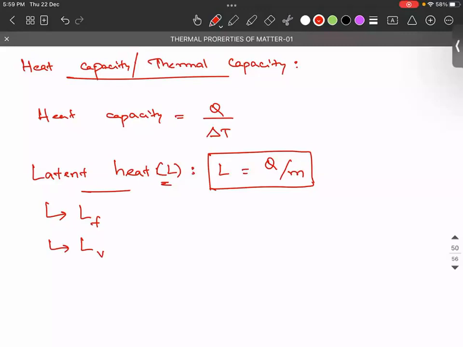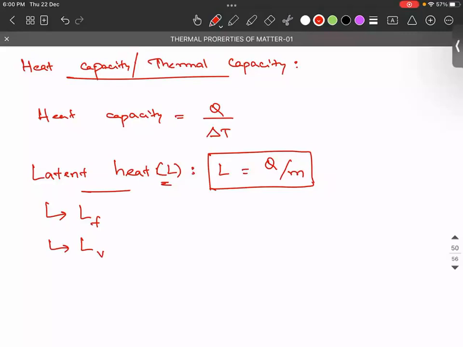It is the amount of heat required to convert unit mass of ice to its liquid form.